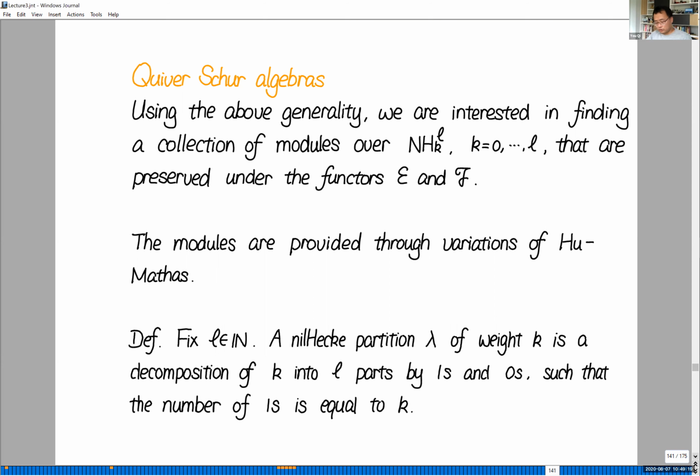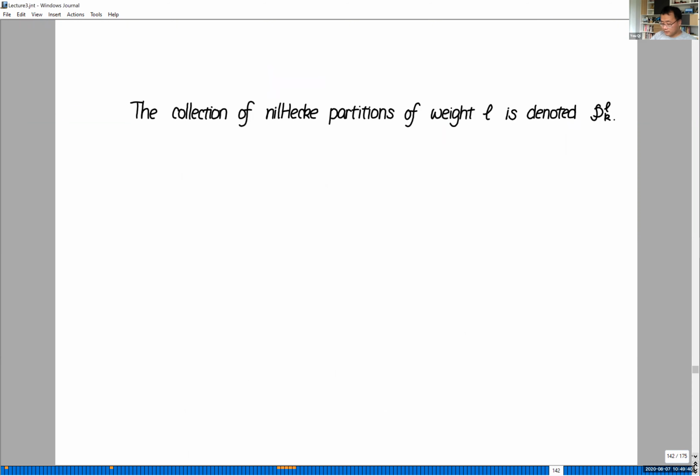To introduce these modules, let's fix some combinatorial data. Fix L in N. A nil-Hecke partition lambda of weight K is a decomposition of K into L parts by ones or zeros, or we also call them boxes or empty slots, such that the number of ones is equal to K. The collection of all such partitions is denoted by script L(L,K).